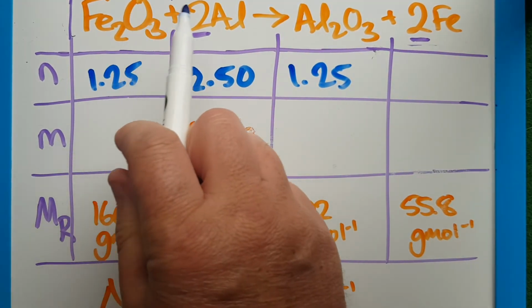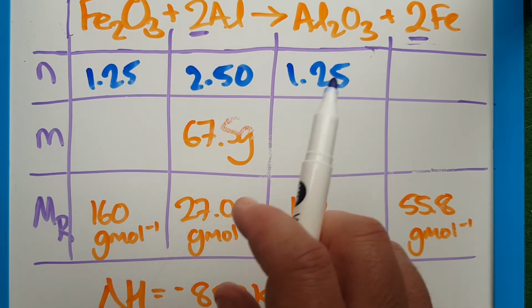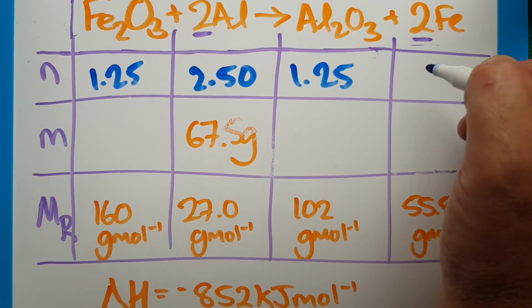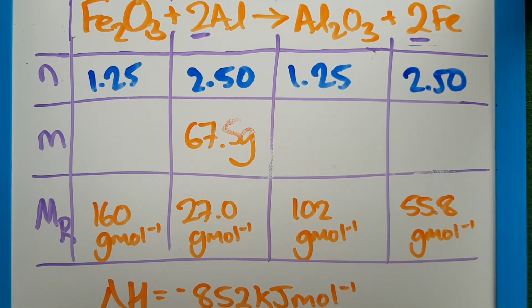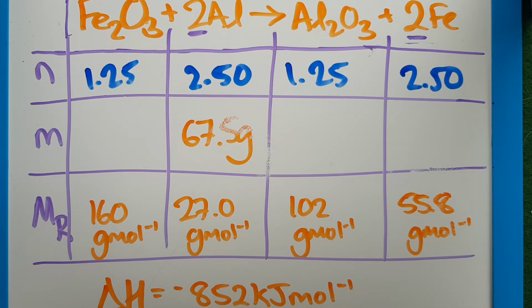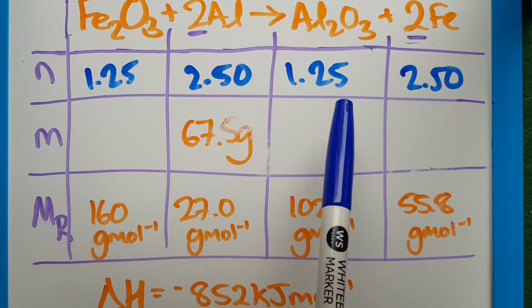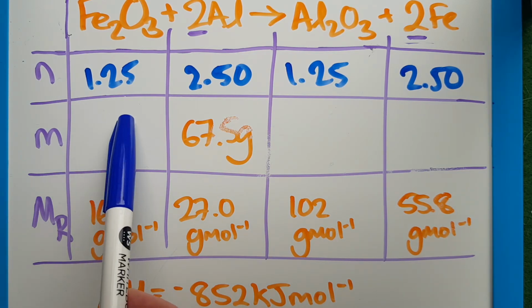Because there's 2 aluminiums and 2 irons, that's the same number, so the ratio is 1 to 1. There would therefore be 2.50 moles of iron. Hopefully now you can see that I haven't got very many unknowns. I can actually find the mass of all of these by rearranging n equals little m over big M, where our unknown is going to be mass.